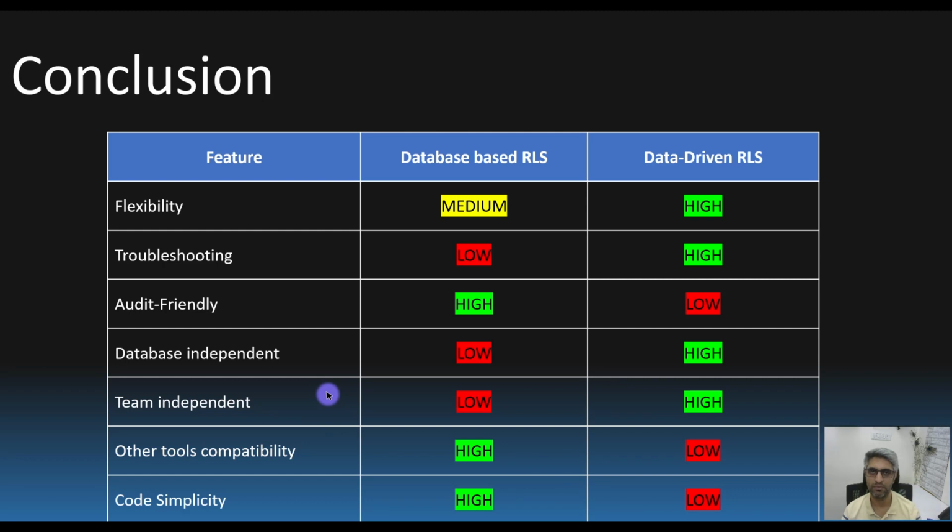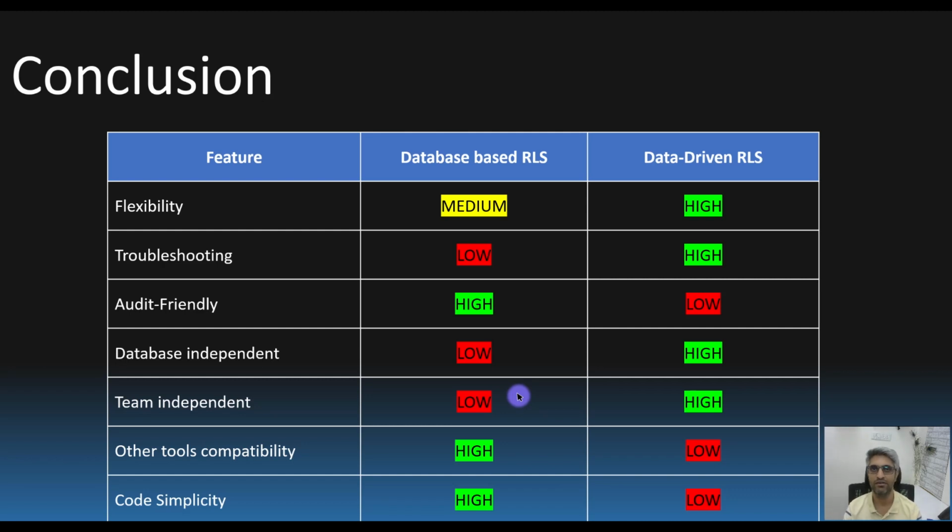Then moving to the fifth parameter, team independence. How dependent are you on some other team? Imagine you don't own the database, some other team does. When it comes to database-based RLS, you are 100% dependent on this team, because when you have to onboard a new user or create a new policy, you always have to reach out to this other team and request them to do this.